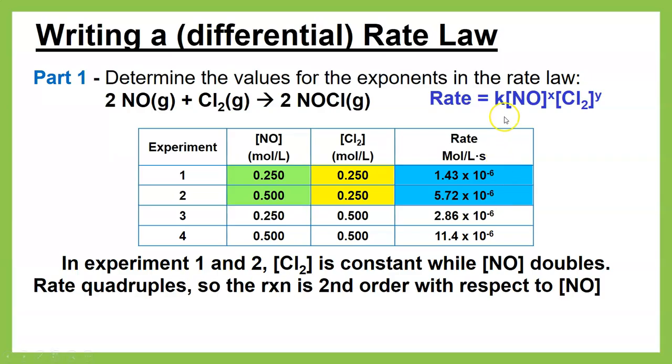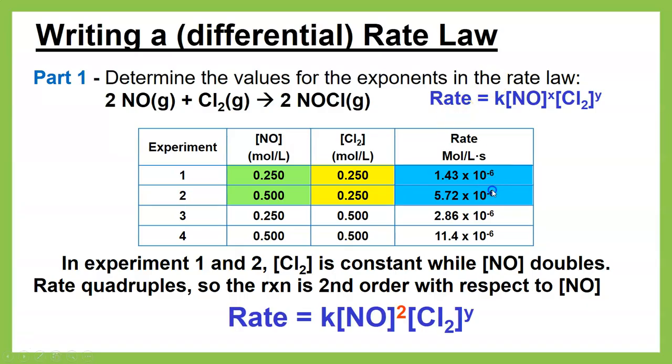So if I double my concentration, but my rate quadrupled, that means that my exponent must be a 2. Because 2 to the second is 4. It's changing my rate by a factor of 4.